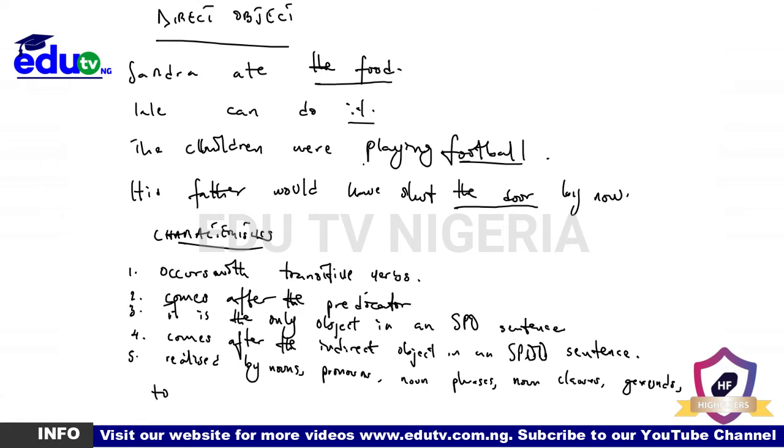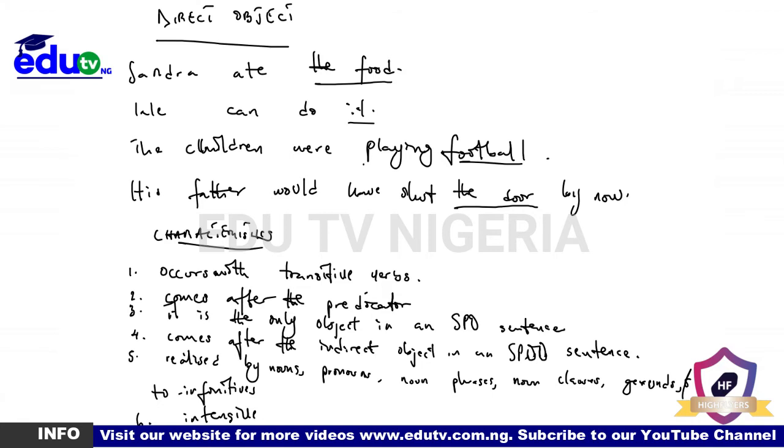Yeah, so that's the object for you. The direct object can be realized by nouns, pronouns, noun phrases, noun clauses, gerunds, and to infinitives. Those are the items that can help us realize the direct object.